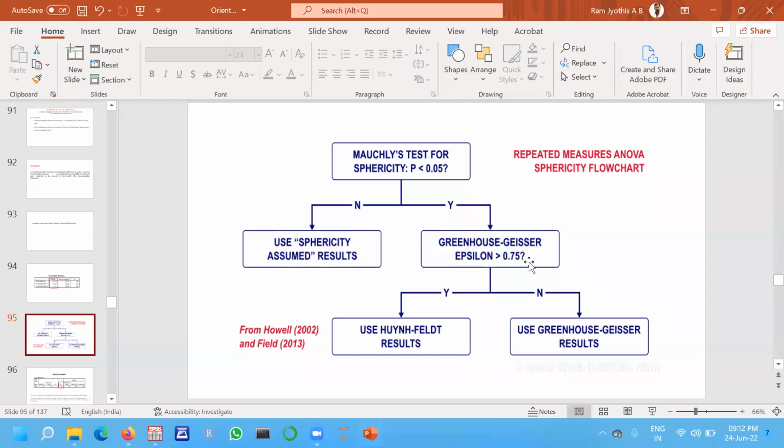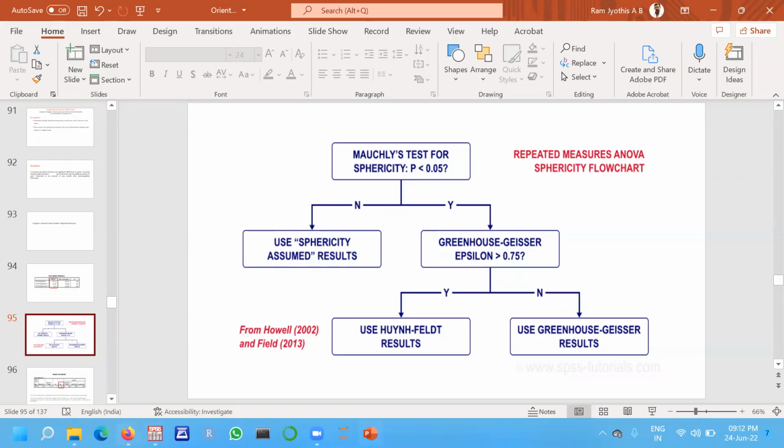We have to see whether it is more than 0.75. And suppose Mauchly's test of sphericity is more than 0.05, then use the sphericity assumed result.